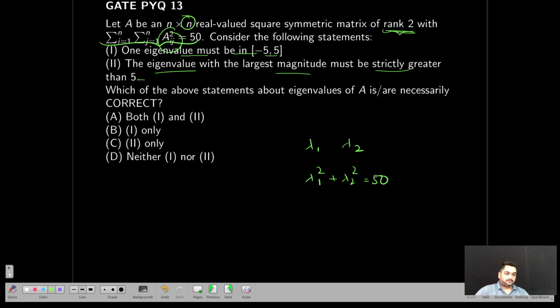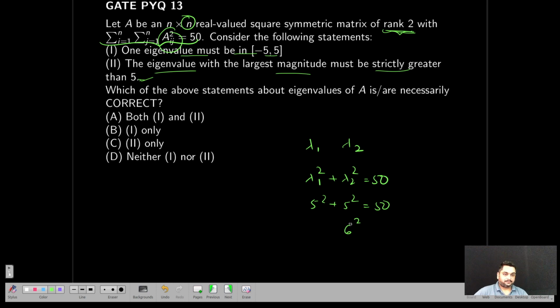So how will you get 50? Let us say lambda 1 is 5 square plus 5 square. Okay, I will get 50. 25 plus 25. But what will happen if the eigenvalue with the largest magnitude must be strictly greater than 5? If something is strictly greater than 5, let us take 6 square.